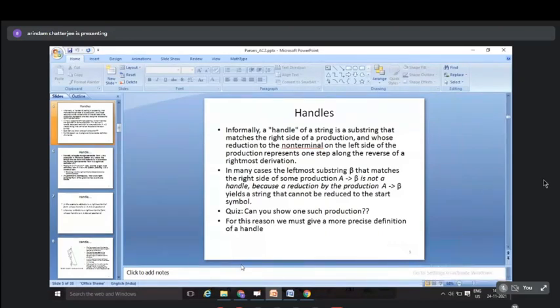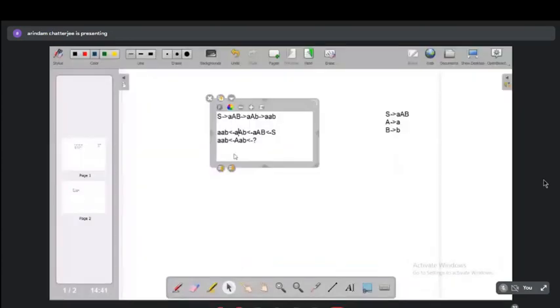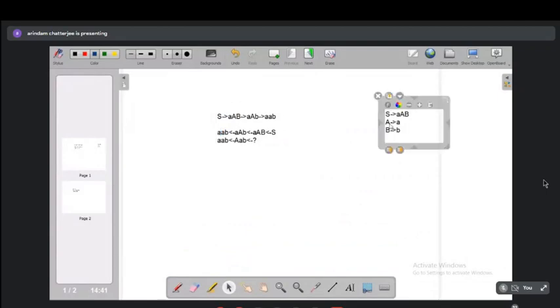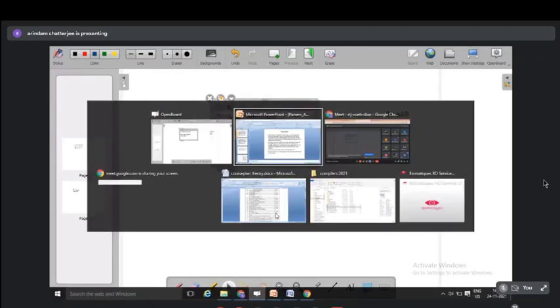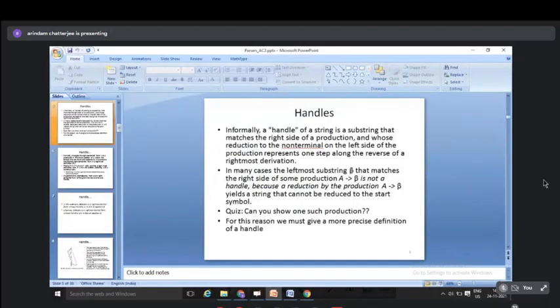I think you understand it perfectly. For example, here, instead of choosing the second a, had you chosen the first a, that also matches the right-hand side of this production. But if you do the reduction like this, it is not going to get us to the start symbol at all. So even if you match some beta, it doesn't mean it is the handle, because that might not be a suitable reduction. Am I clear?